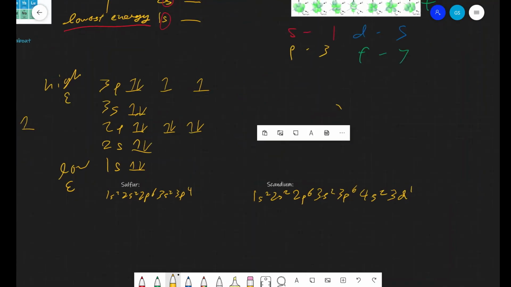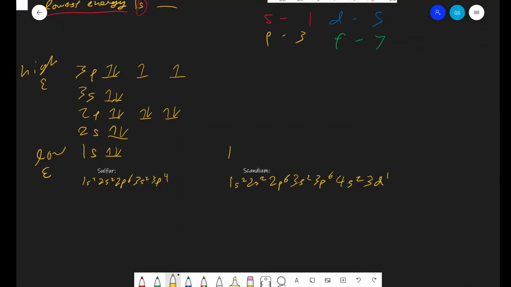All right, let's do a more fun one. 1s, 2s, 2p, 3p, 4s, 3d. 3p, nope, I made a mistake. 1s, 2s, 2p, 3s, 3p, 4s, 3d.